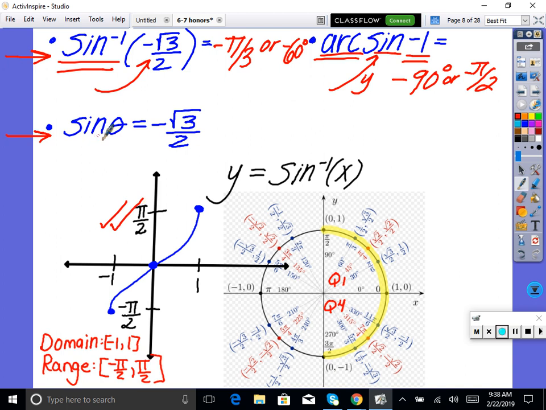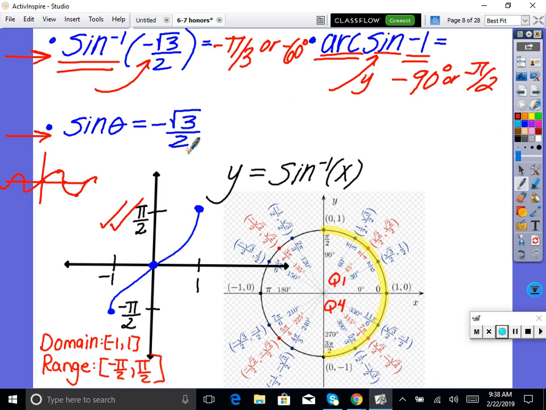But sine of theta has the graph that looks 0, max, 0, min, 0, that goes on forever. So this is going to have multiple answers, where this will only have one answer between pi halves and negative pi halves. You guys see how this is not sine inverse? So this is saying what angle theta will have a sine of negative root 3 over 2.